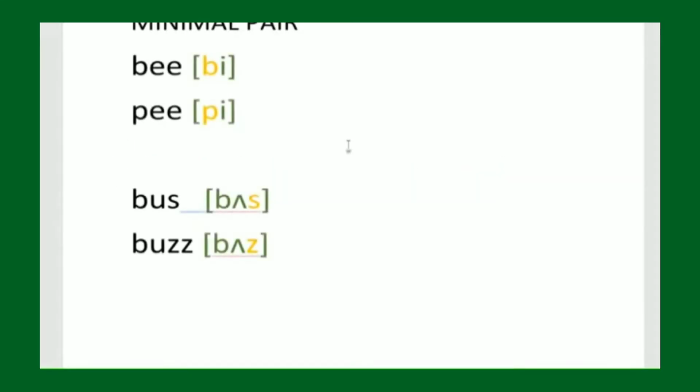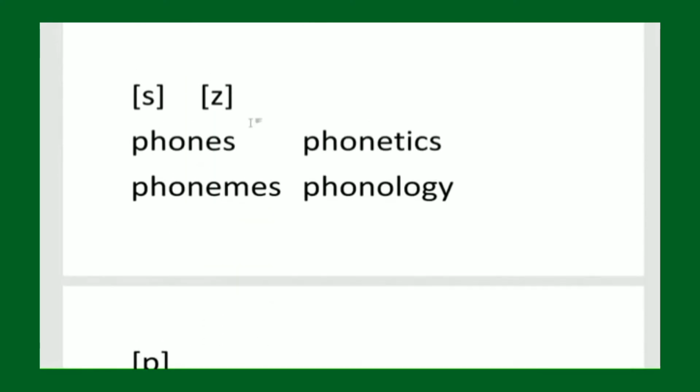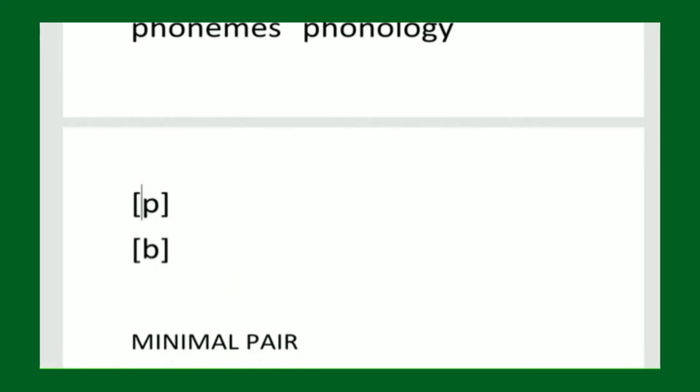If you take two phones, for example, pa and ba, purely as pure sounds, in the physical reality they are two different phones. But whether they make a semantic difference in a particular language depends on the way the speakers of the language understand the relation between phones.